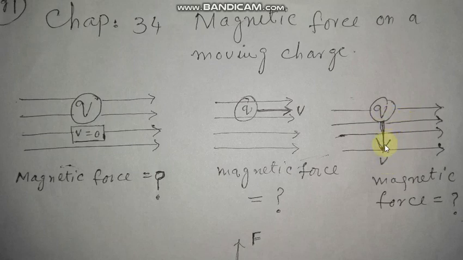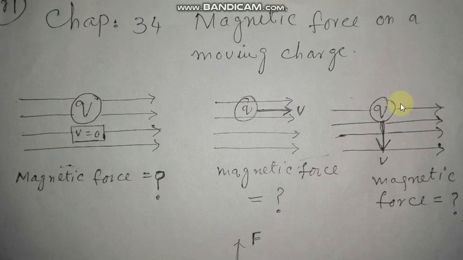V cross B is directed out of the page. That is, the plane formed by B and V is the plane of this figure, and if you have to determine the direction of the magnetic force acting on this charge, it will be out of this page, or it will be directed towards you.